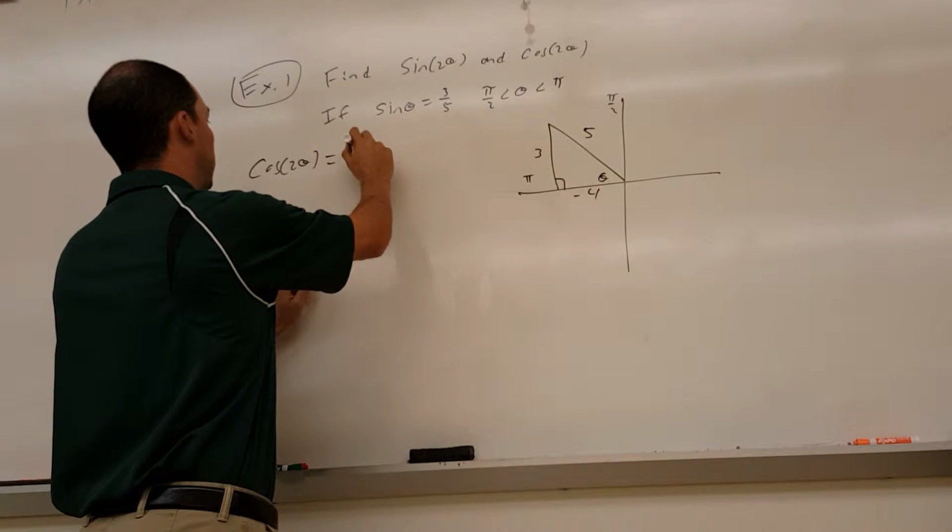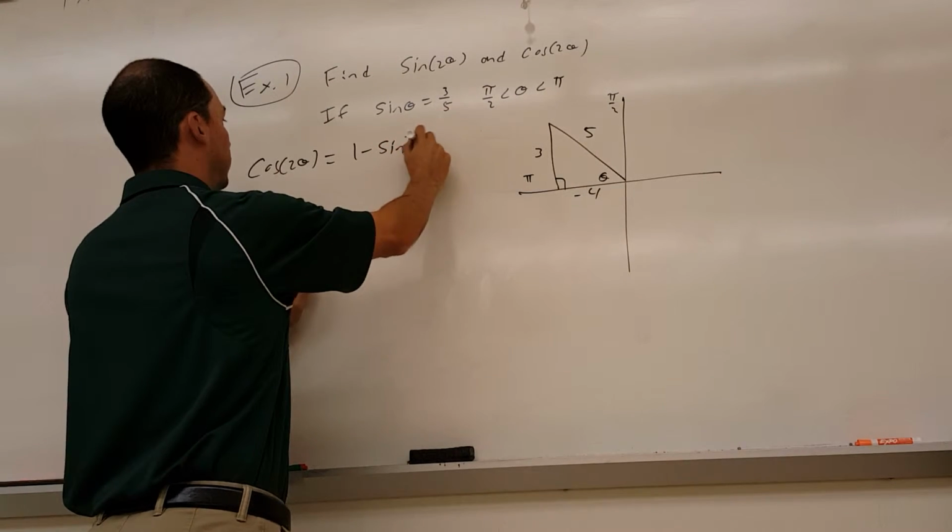So let's go, cosine 2 theta is 1 minus sine squared theta.